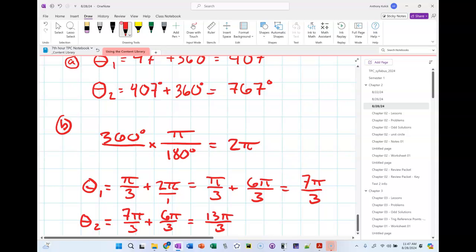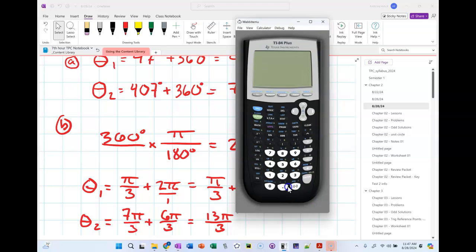What do you guys think so far? No big deal? Okay. How many of us have mid to low fraction confidence? Okay. Let me show you something you can use to help that on your calculator. If you have your graphing calculator with you and you have low fraction confidence, I invite you to take your calculator out and follow along.